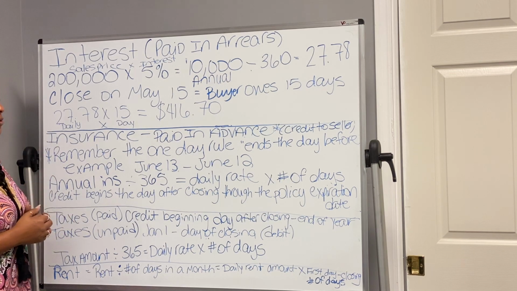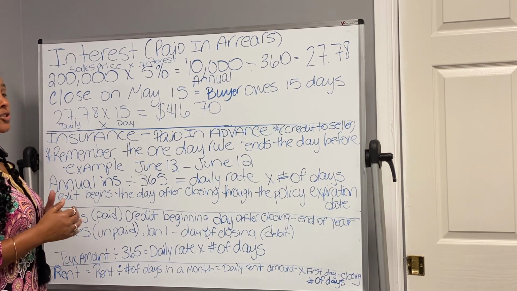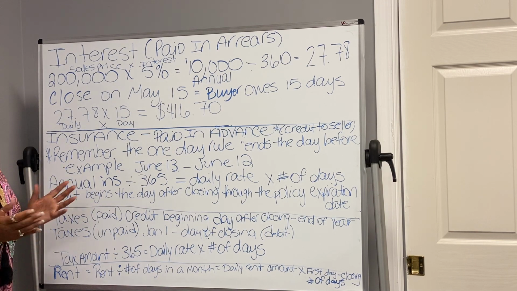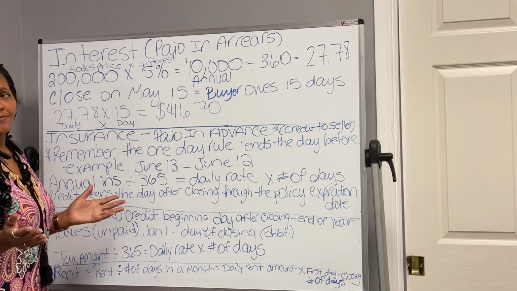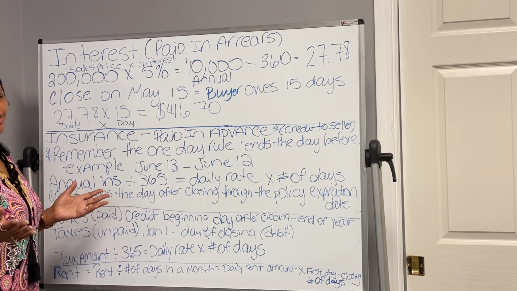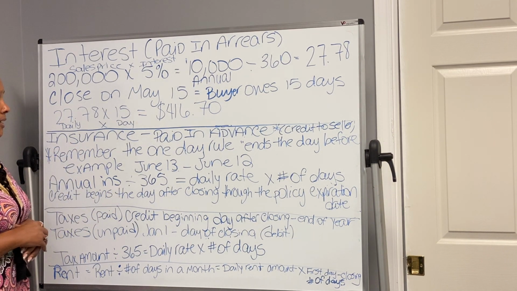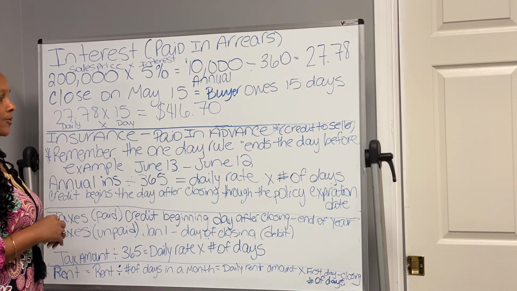Let's go into insurance. Remember, hazard insurance is paid in advance. We're not even going to talk about the buyer, because if the hazard insurance is $500 a year, that's what the buyer will bring. Let's talk about it from the seller standpoint, because they have paid it up for a year.